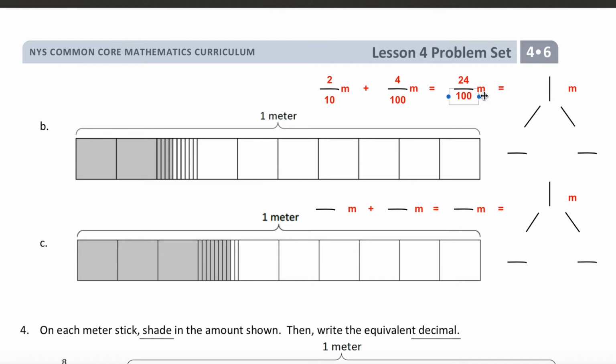We need to write this in decimal form, and that is 0.24 meters. Now we need to break it up into a number bond using fractions, and that is super simple, you guys. It's just these fractions right here. So if you split it down the middle, the 2 is the 2/10.